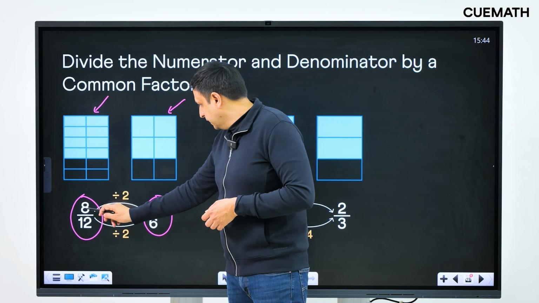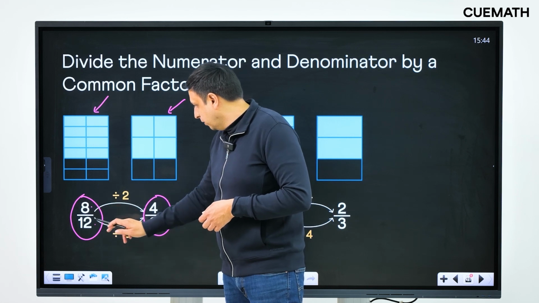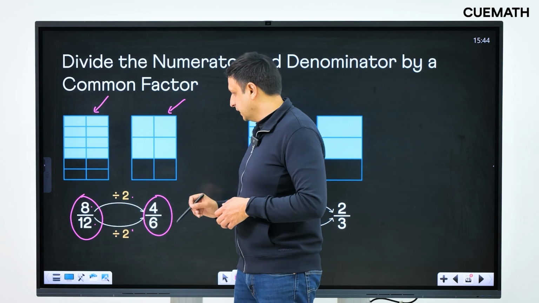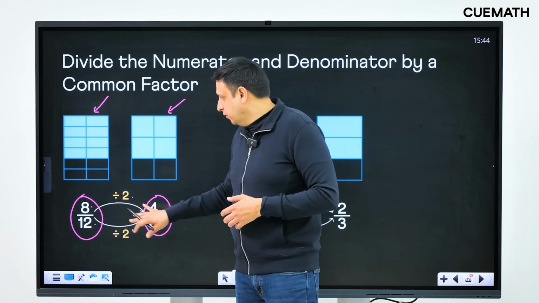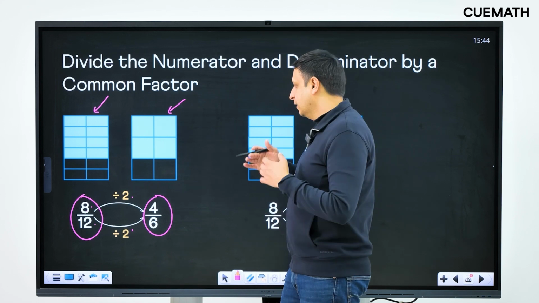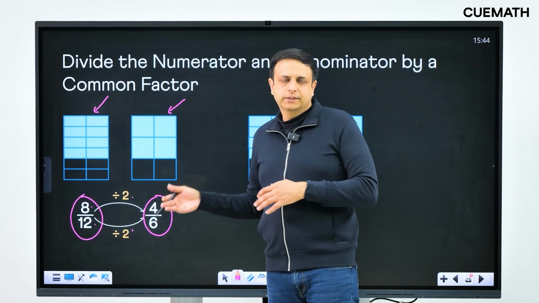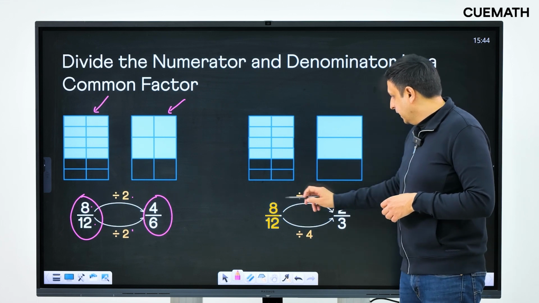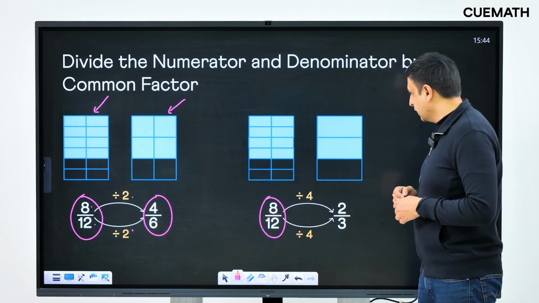And what's happening here is, if you divide the numerator and denominator both by 2, you go from 8 over 12 to 4 over 6. So this is also a way to generate equivalent fractions. You divide the numerator and denominator by the same factor to get another fraction that is equivalent to the original fraction. In this case, you have 8 over 12 as the starting fraction.